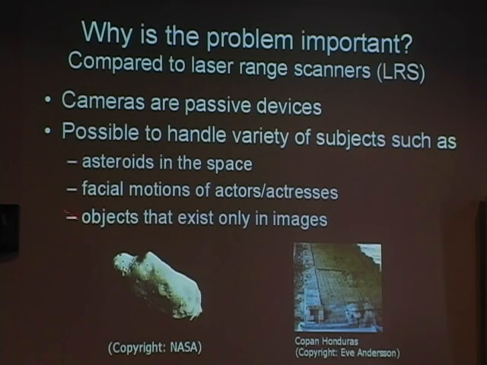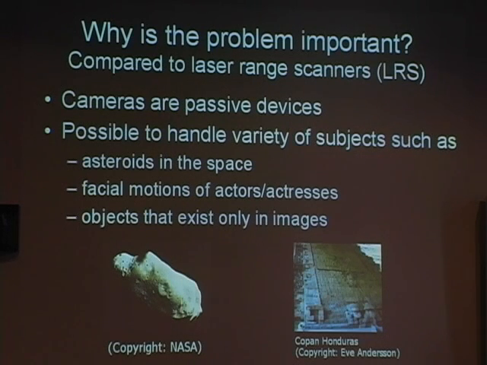And the last extreme example is that some people are interested in reconstructing objects as they were 100 years ago, as shown in this picture. This is a famous cultural heritage structure, which has been there for like 100 years. Some people are interested in reconstructing the structure as it was 100 years ago, because it has been eroded over the years by wind and rain. And for those people, there are actually images taken 100 years ago.